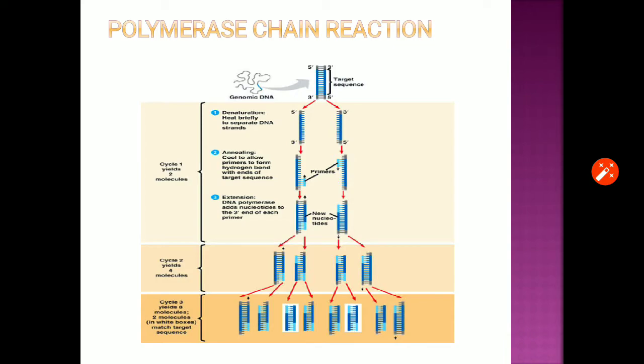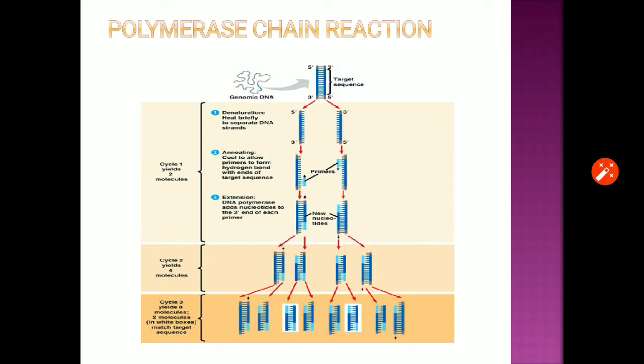When we insert the primers, we need to cool the temperature a little bit, down to 70 to 72 degrees Celsius, and then we insert the primers. Primers will get attached to their complementary sites on the desired gene, and this is termed primer annealing.